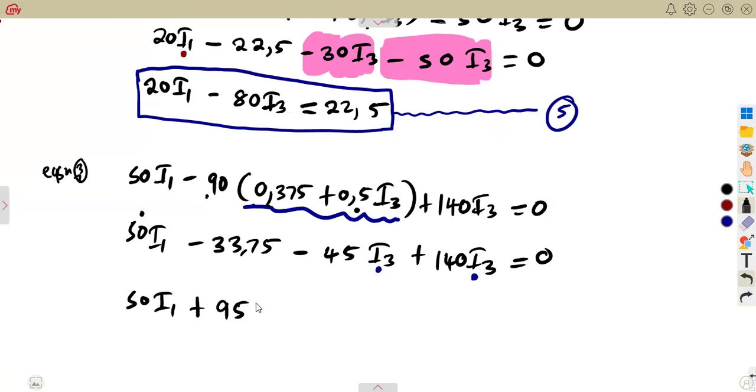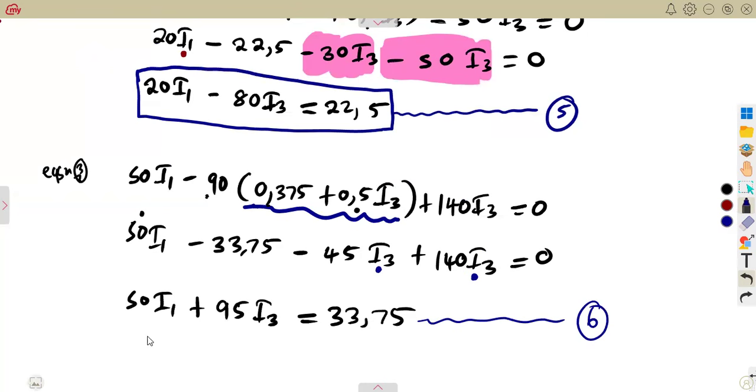So you're going to obtain 95 I3, which is equal to, you can transpose this now to the other side of the equation. It was a negative, on the other side it will be a positive. So that's 33.75. We have formed an equation again, which you can call equation 6.